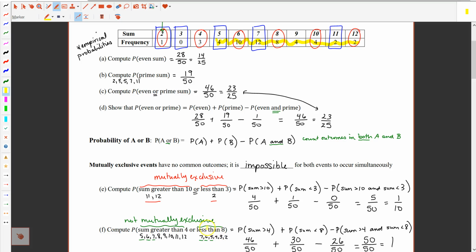The second event I would want to count is the sums that were less than 8. Any sum that was less than 8, I would want to count as well. So sums that are less than 8 go down this way. Between these two, I ended up counting everybody, right? So it was certain that I was going to get a sum either greater than 4 or less than 8. So for this particular case, this ends up being a certain event. We got a probability of 1.